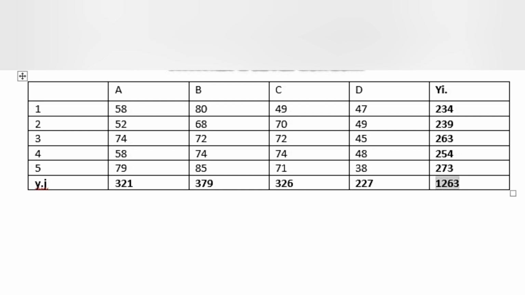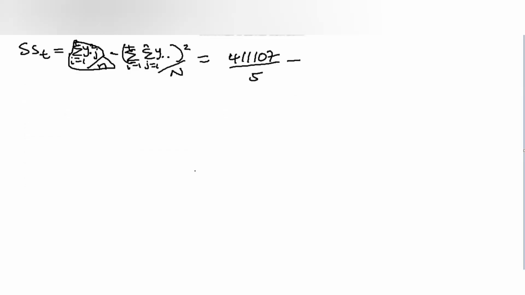4 times 5 is 20. So we'll divide the square of 1263 by 20. That is 1263 all squared, divided by 20.